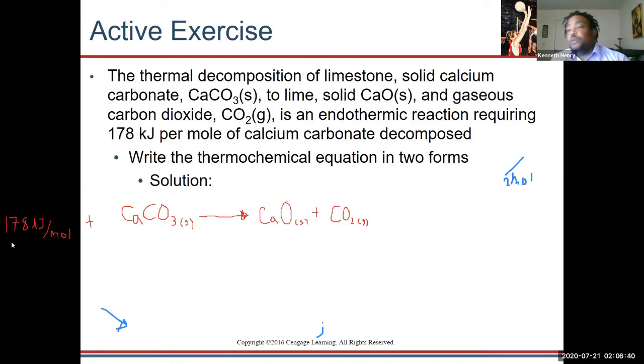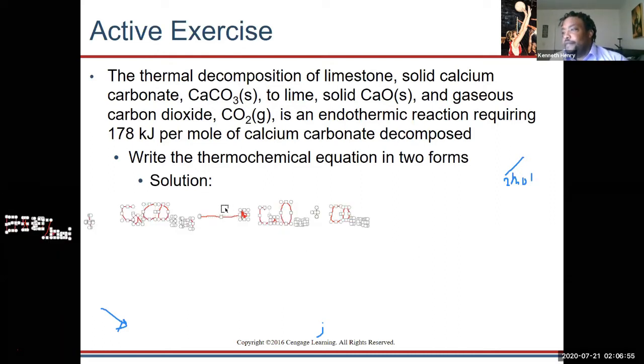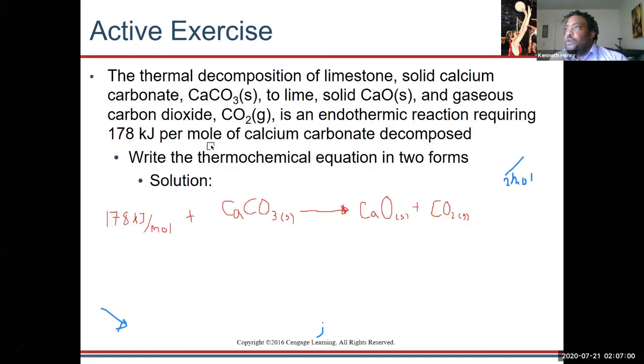Okay. So, Tiffany, you get to do the other one. What would you do for the other one? I want you to write the other form of writing this thermochemical equation. When we're talking about thermochemicals, we have to take into account the enthalpy, right? So you're going to have the same chemical equation.